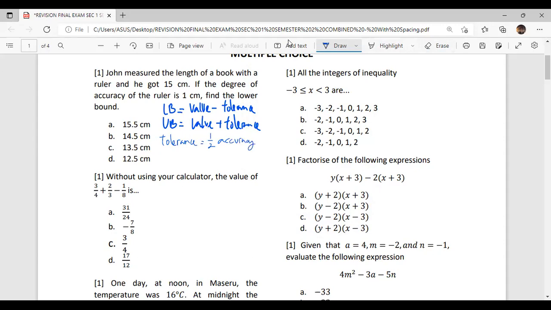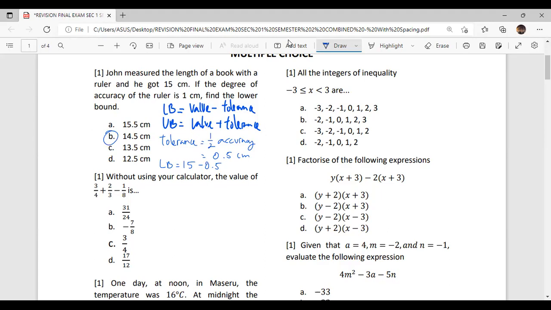So the accuracy is 1 centimeter, so half of 1 centimeter is 0.5 centimeter, right? So the lower bound of the book equals 15, the measuring number, subtract 0.5. You will get 14.5 for the answer. Again, if you have any question, just let me know.